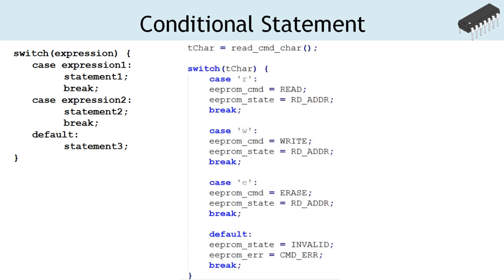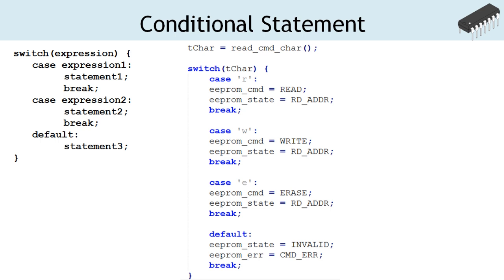The example shows the implementation to update the command and the state of an EEPROM state machine. The command and state are changed based on the command issued by the user. The single-lettered command is read and stored in a variable tchar.